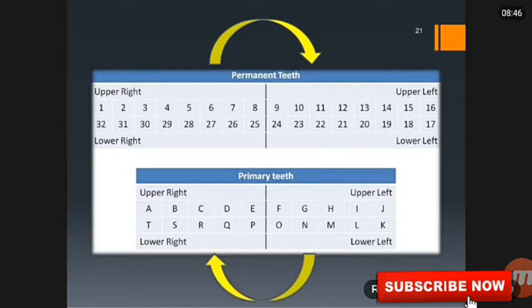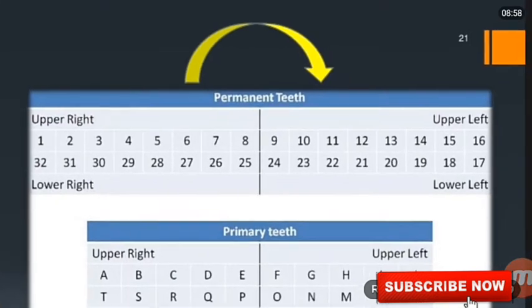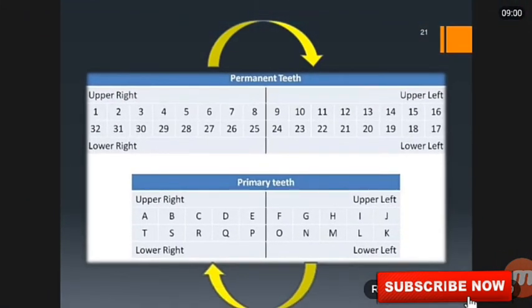For permanent teeth, you can see here in the upper part. The upper right central incisor is referred to as 8, and the upper left central incisor as 9.